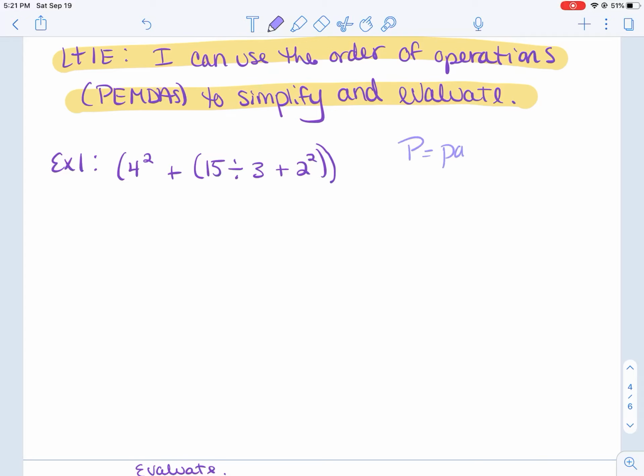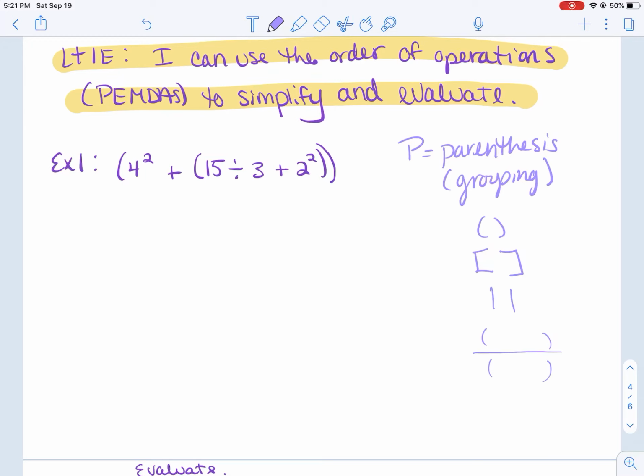So P stands for parentheses, or really any grouping symbol, okay? Grouping can come from parentheses, it can come from brackets, it can come from absolute value, it can come from just separation of a fraction. The top is grouped and the bottom is grouped, the numerator and denominator.